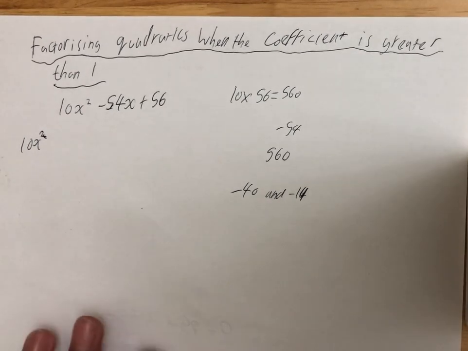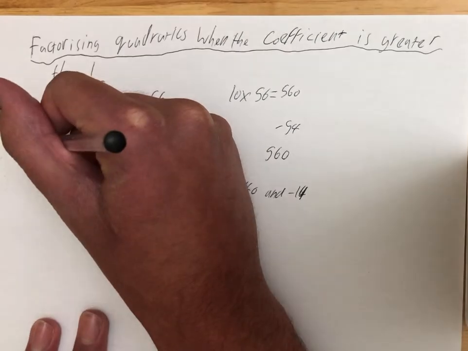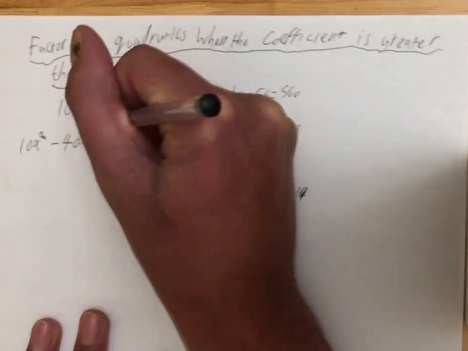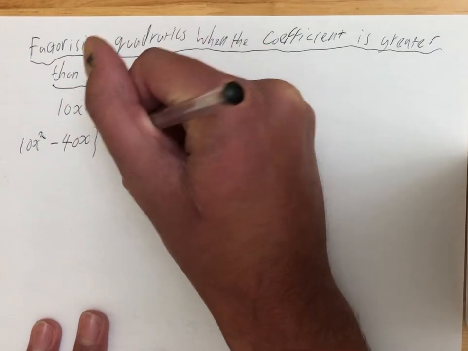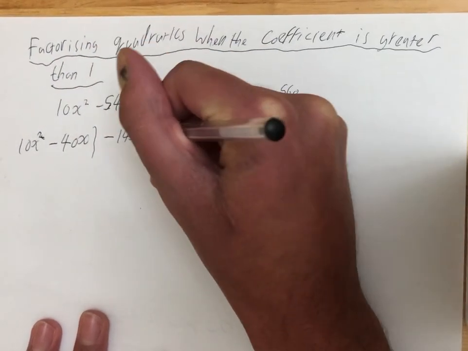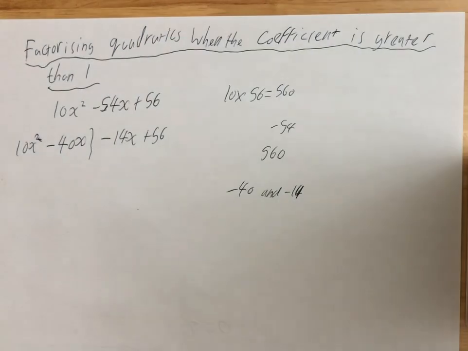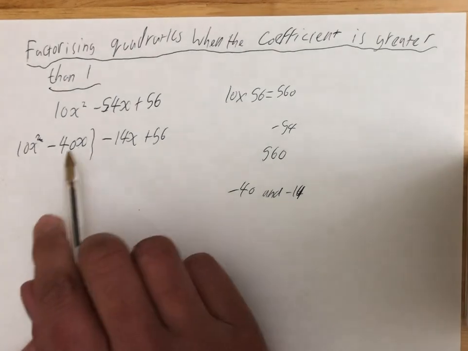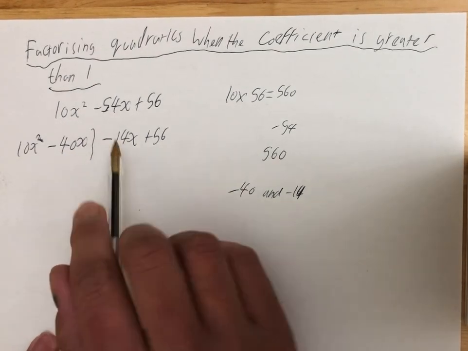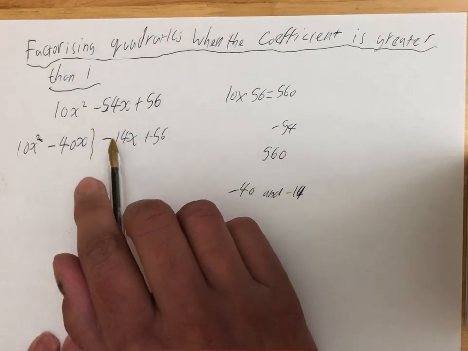So basically you'll have to split the equation like this: minus 40x minus 14x plus 56. So you may have realized that if you add these two together, you get the exact same equation as that.